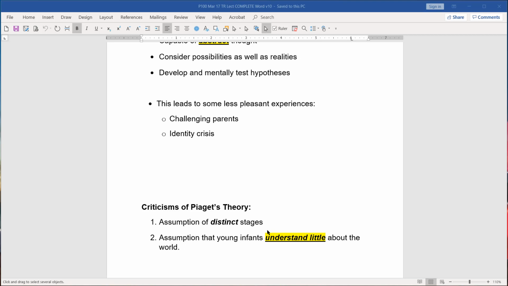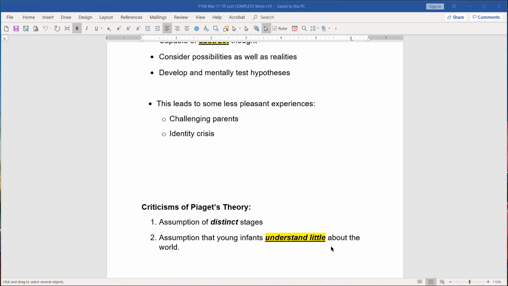A lot of folks question his apparent assumption that we go through distinct stages, with each stage being qualitatively, dramatically different from the preceding stage and the following stage. That's criticism 1.